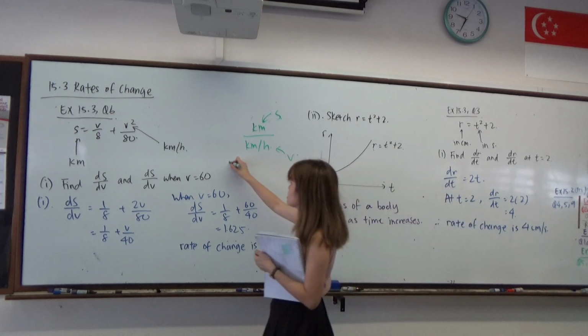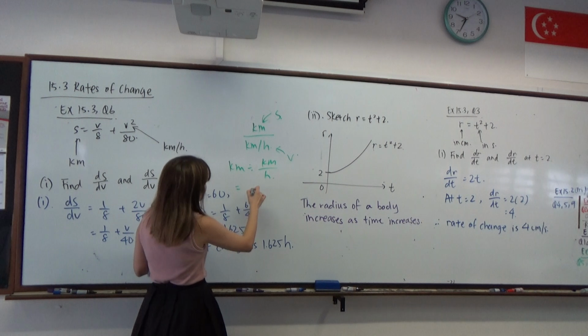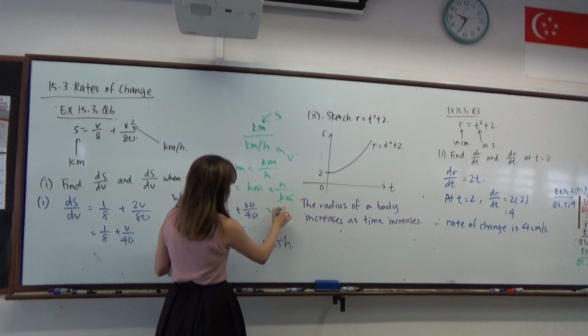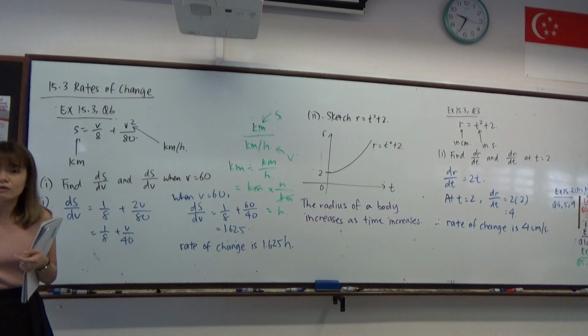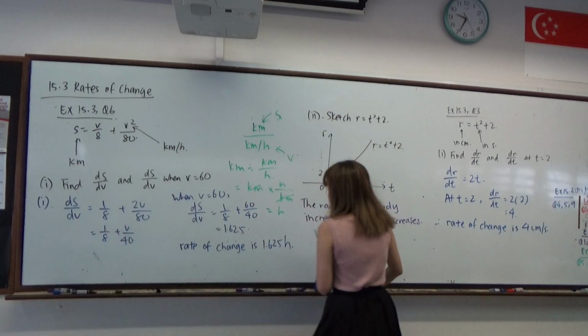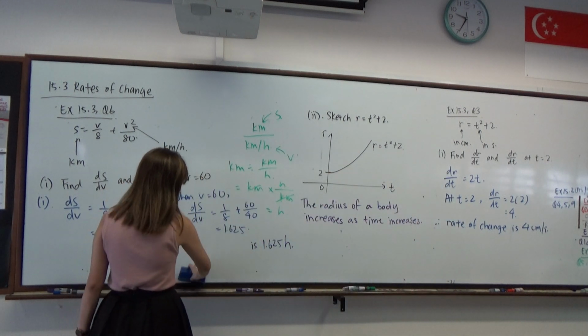So kilometer divided by kilometer per hour, that is kilometer times hour over kilometer, cancel, equals hour. This is how your units work. Physics should have taught you, right? It's still the rate of change. It's just hour.